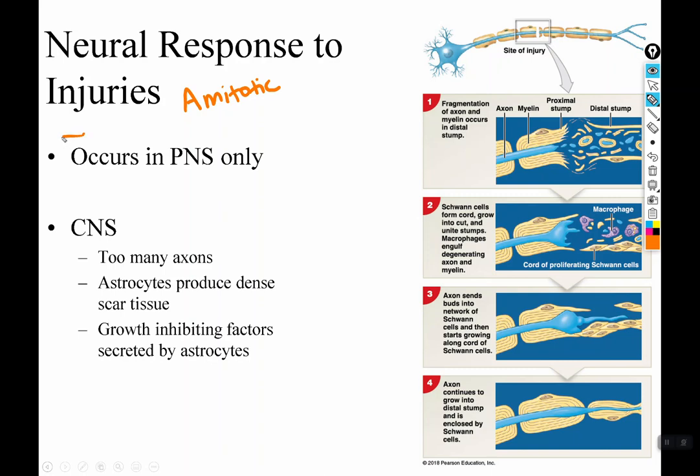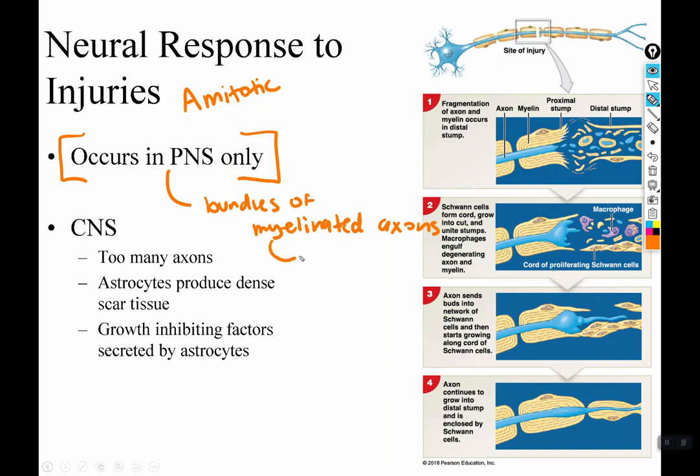There's a reason that this only occurs in the peripheral nervous system, and that is because the organization of the peripheral nervous system is a little less chaotic than the central nervous system, where in the PNS you have bundles of myelinated axons, which we call nerves.